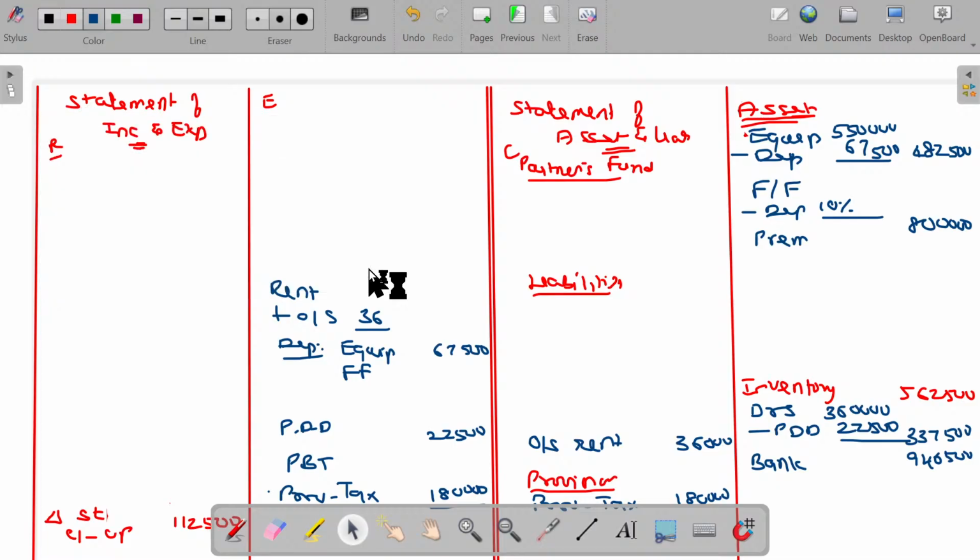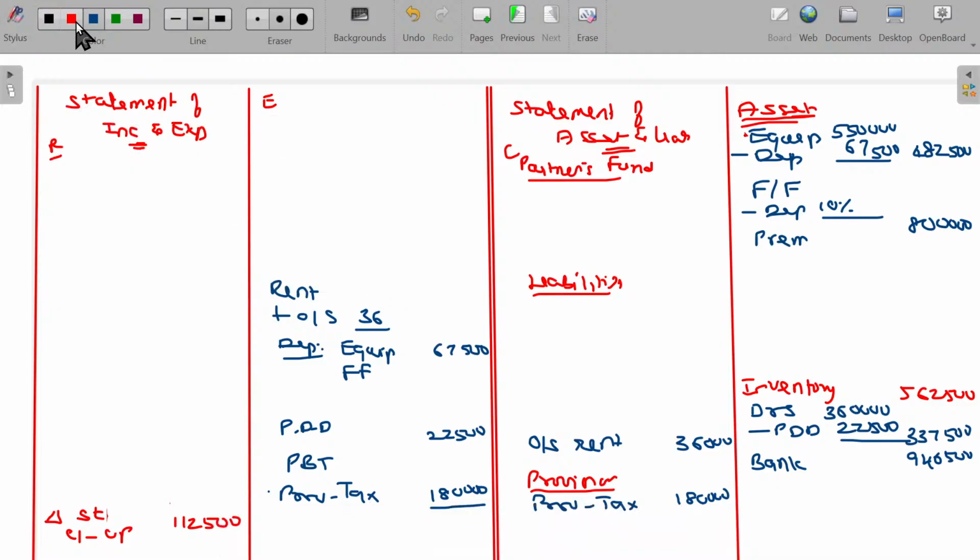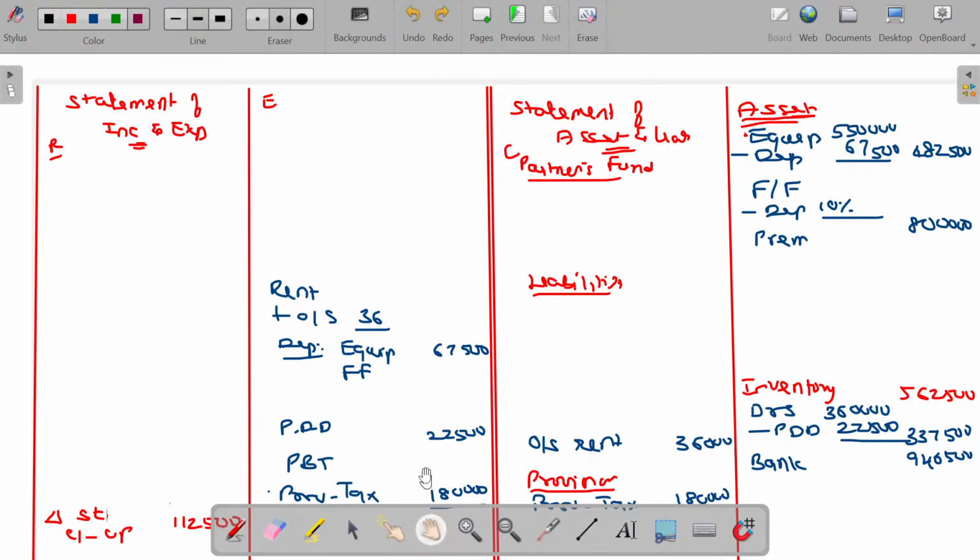See, though it is vertical, how do you study? In the trading and P&L account, this is debit, this is credit. But here, this one is debit, this is credit. And this will be your liabilities, this is assets. It resembles the same, but you are writing one by one. This is called traditional, this is called modern T format.